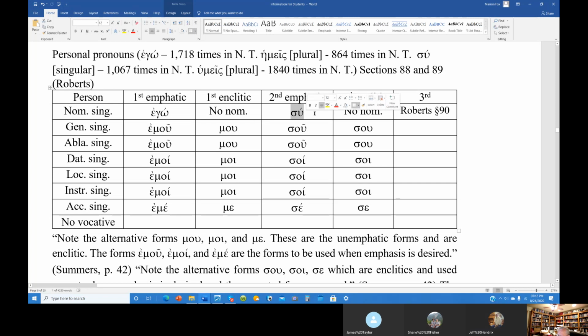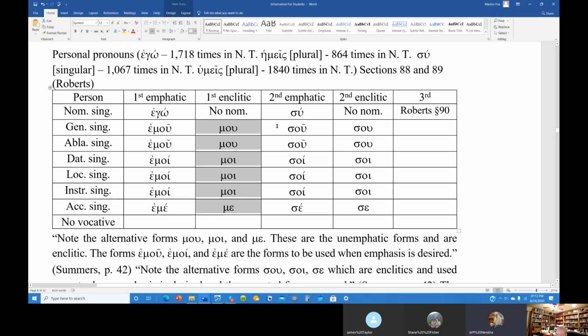It's automatically emphatic because you've got the pronoun already built into the verb. So now then, to make the other ones emphatic, if you want to have genitive, ablative, dative, instrumental, locative, and accusative as emphatic, they made a distinction in it. This is your emphatic and this is your non-emphatic form, or enclitic.